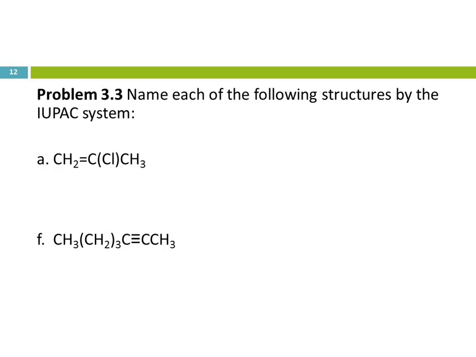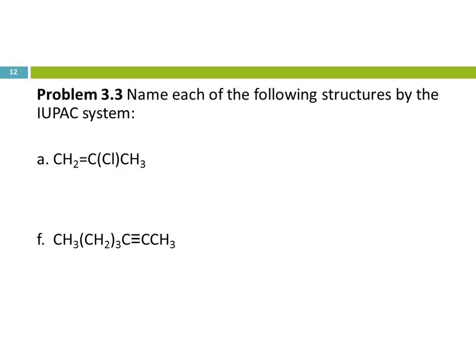Name each of the following structures by the IUPAC system. So this guy right here. This is written in a condensed form with it all on one line, and sometimes that's a little hard to see.